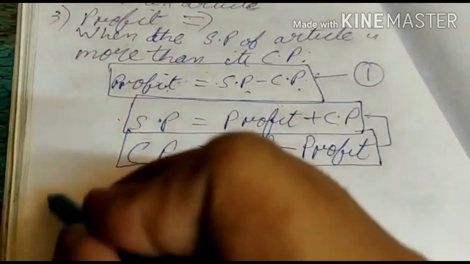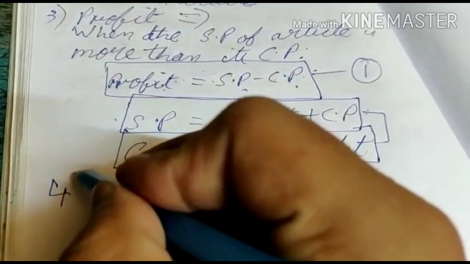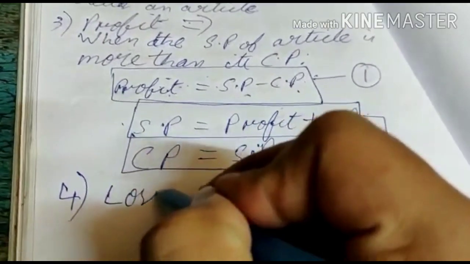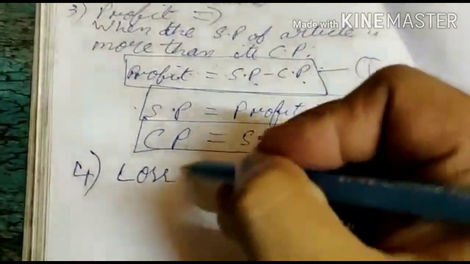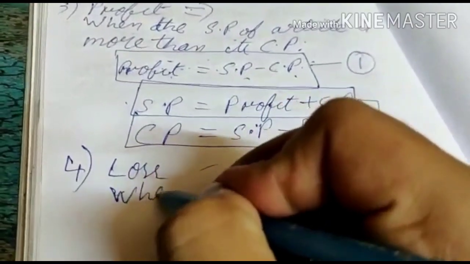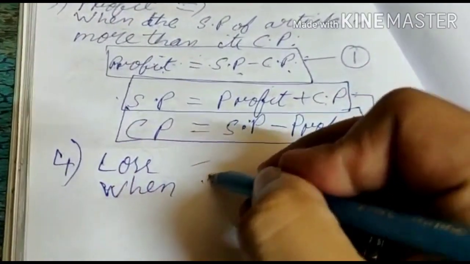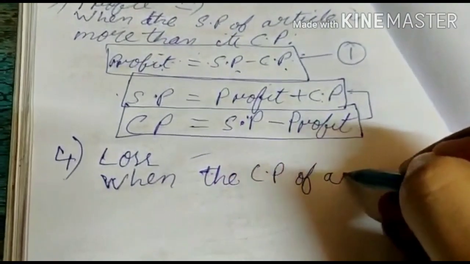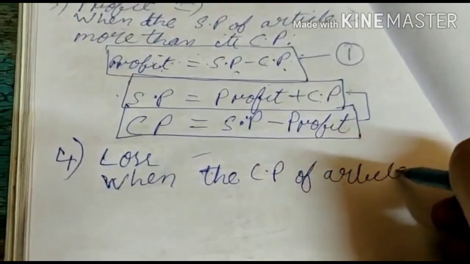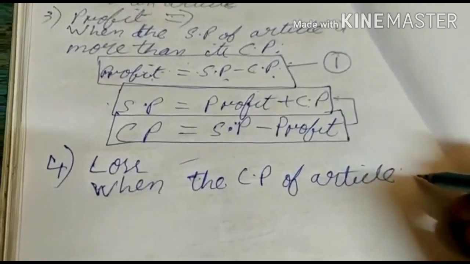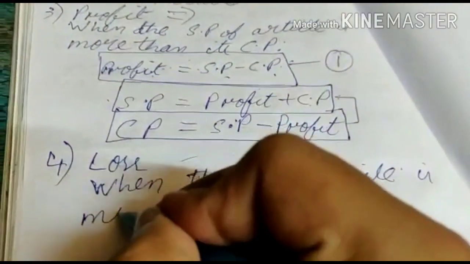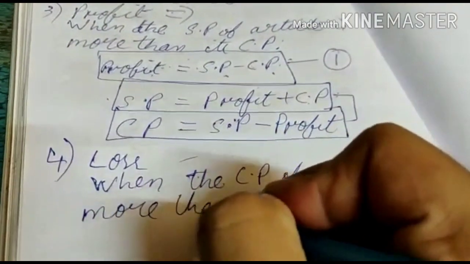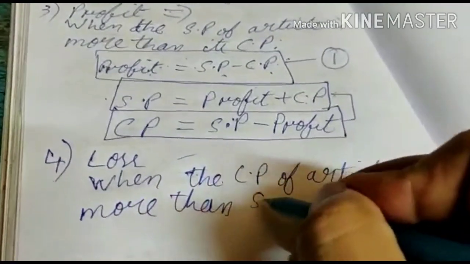Our fourth thing is loss. Loss is when the CP of an article, CP meaning the price at which you bought it, is more than SP.